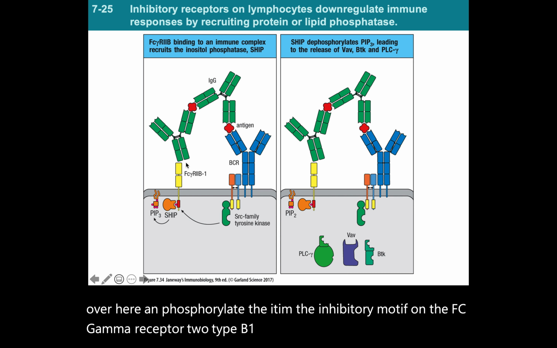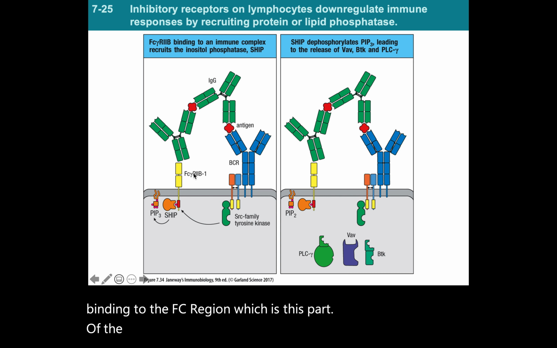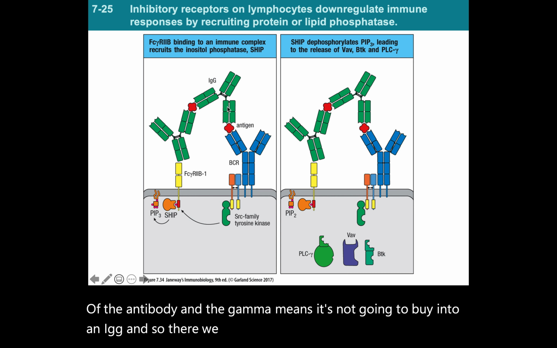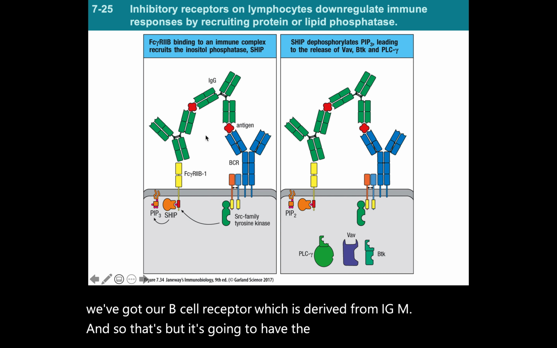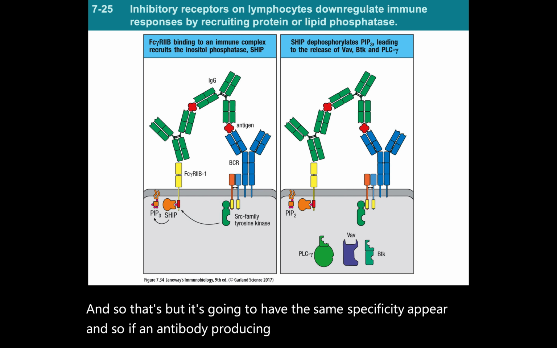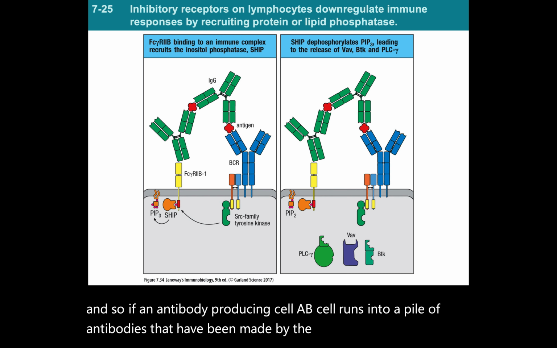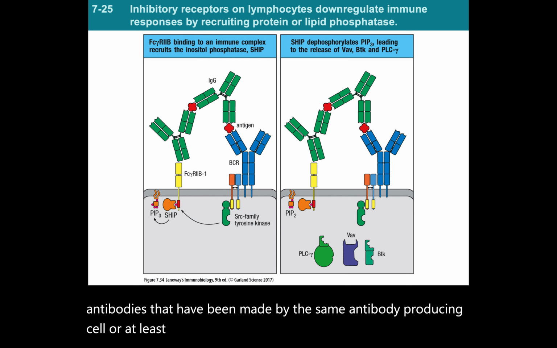Fc gamma, remember, is binding to the Fc region, which is this part of the antibody, and the gamma means it's going to bind to an IgG, and so there we are, IgG binding to this and this, and then we've got our B cell receptor, which is derived from IgM, but it's going to have the same specificity up here. And so if an antibody producing cell, a B cell, runs into a pile of antibodies that have been made by the same antibody producing cell, or at least are capable of binding the same antigen, then it knows that there's enough.